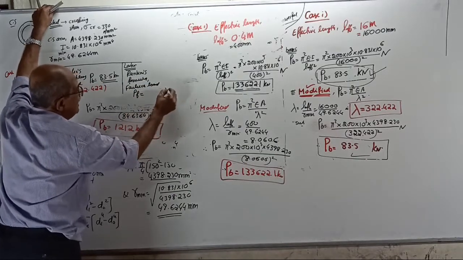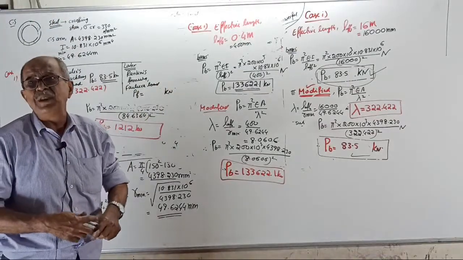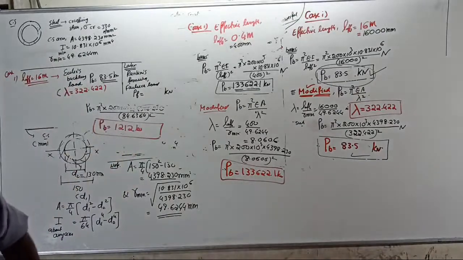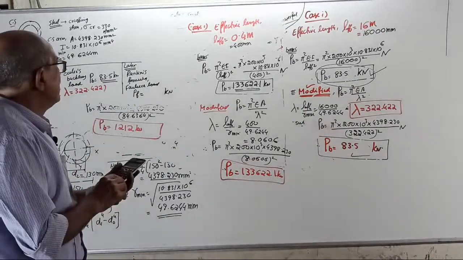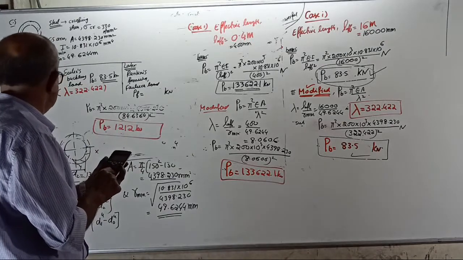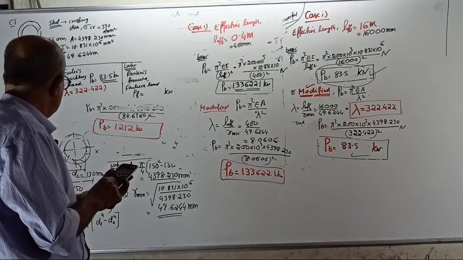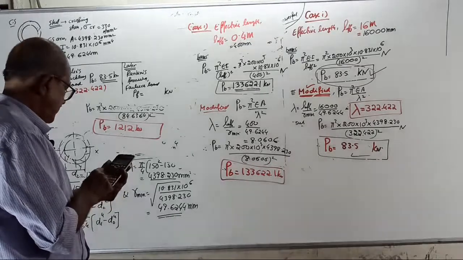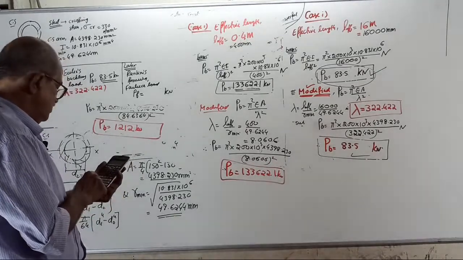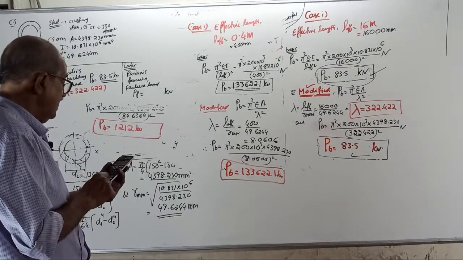You believe me right now, because tomorrow we are going to Rankine's formula. How I got that answer, you never bother now. Where is the area? Area: 4398.23 into 330 divided by 1 10 to the power 3.